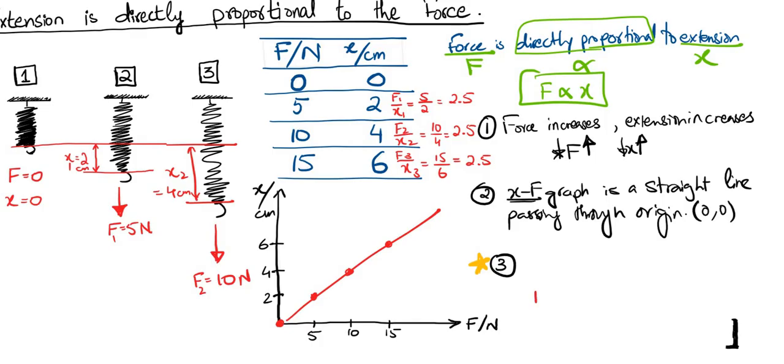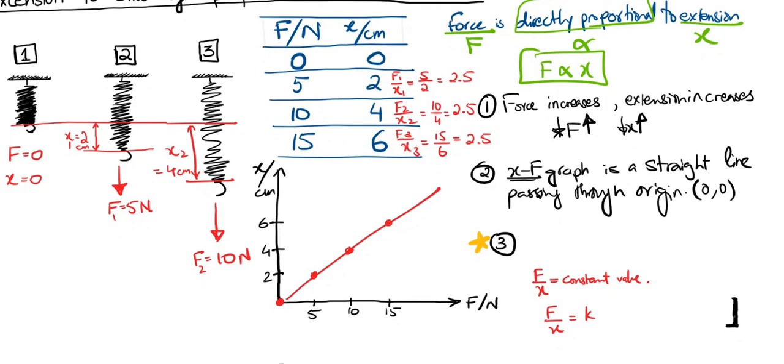इसका मतलब है f divided by x is always a constant value, constant number, and we can call that constant number k. F over x is equal to k, always one number, और k इस केस में क्या है, k equals 2.5 for this particular case. इस स्प्रिंग के लिए k is equal to 2.5, कि जब भी फोर्स और एक्सटेंशन की वैल्यूज को डिवाइड करते हैं we get 2.5.